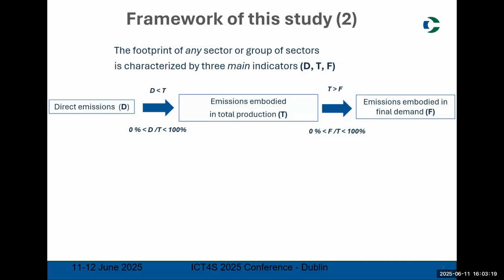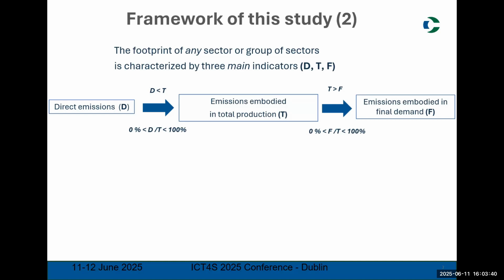So it appears that the final demand indicator F does not account for all emissions associated with the activity of a sector. A sector also produces goods and services for other sectors of the economy to satisfy their own final demand need.